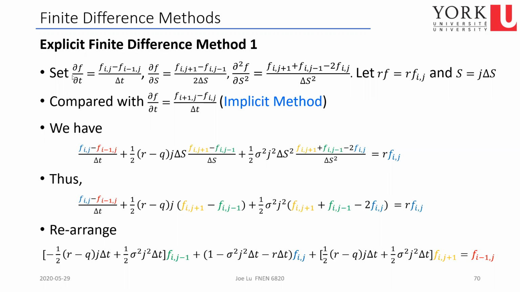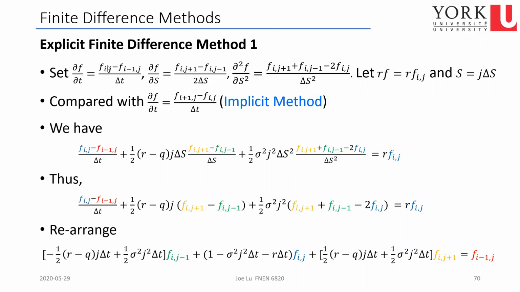If you set the finite difference method, if you set the partial derivatives like this, the partial derivative for t is f_ij minus f_(i-1)j divided by delta t.